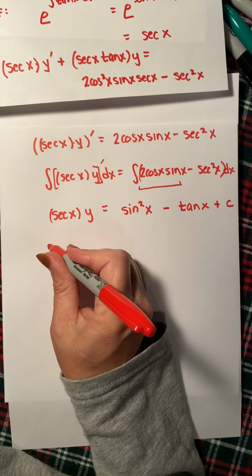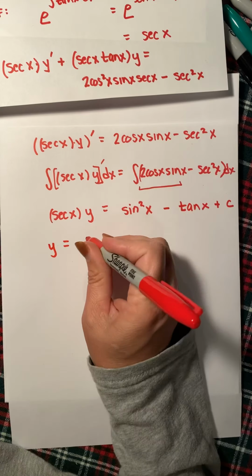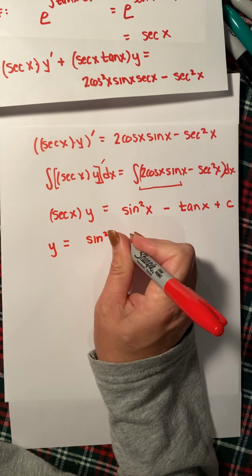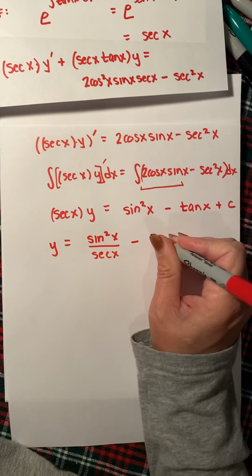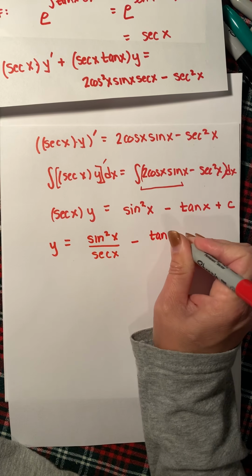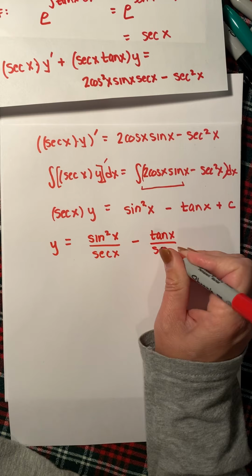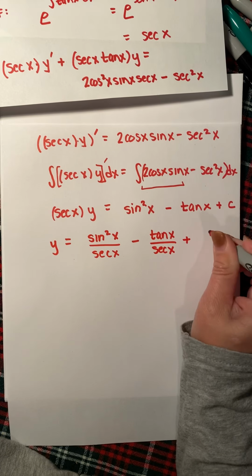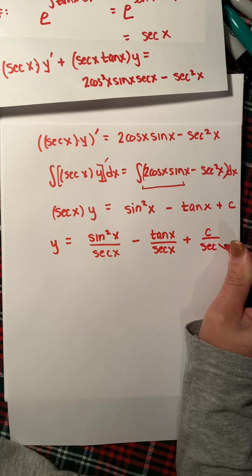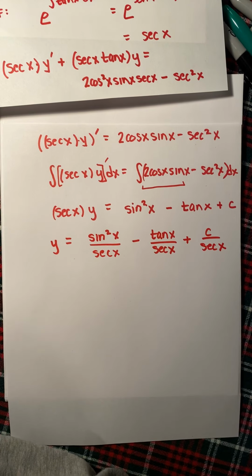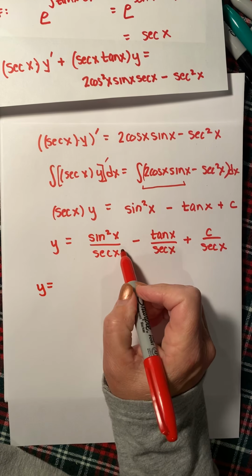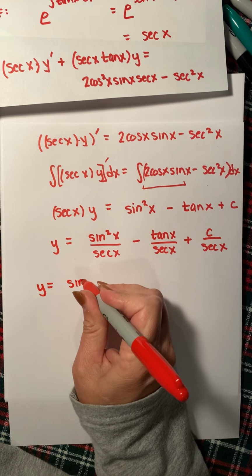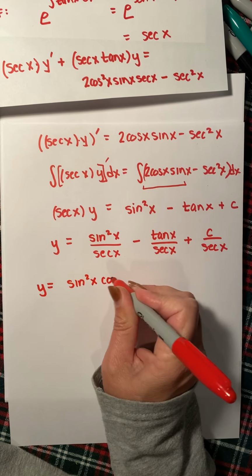Now we can solve for y by dividing the secant out. Sine squared of x all over the secant of x, minus the tangent of x all over the secant of x, plus the constant all over the secant. Don't lose that guy. We can clean this up a little bit. 1 over the secant is just the cosine, so this is just the sine squared of x times the cosine of x.